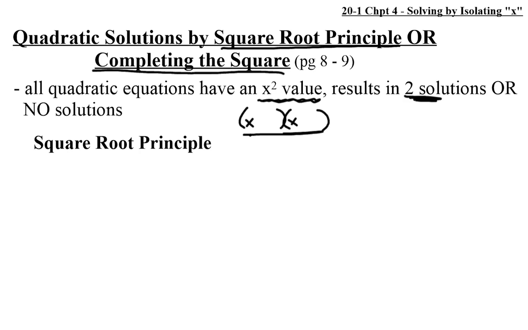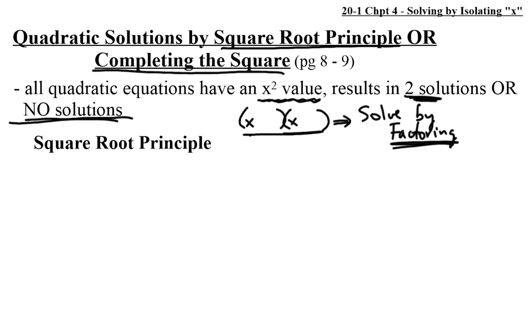However, there are times there will be no solutions. And when can you solve by factoring? When a question's factorable. You're going to get some that are factorable, but not with nice numbers. That's why we have to have other processes.